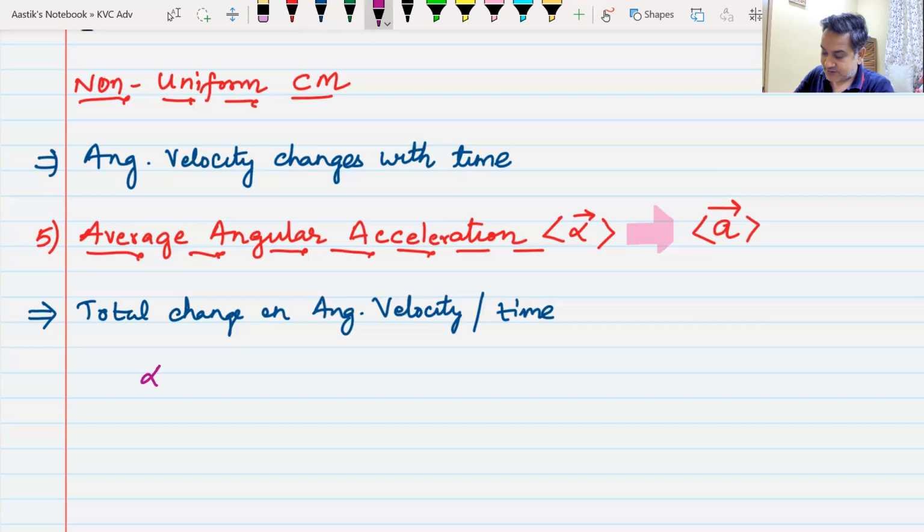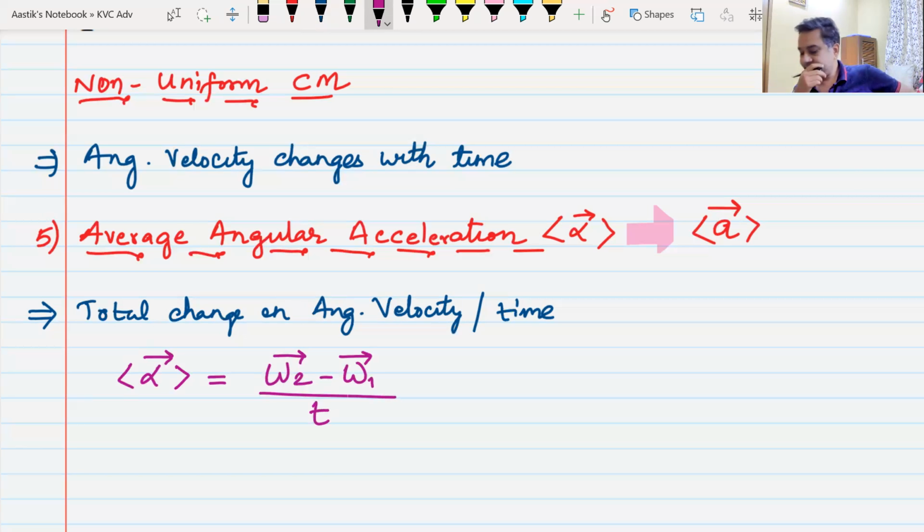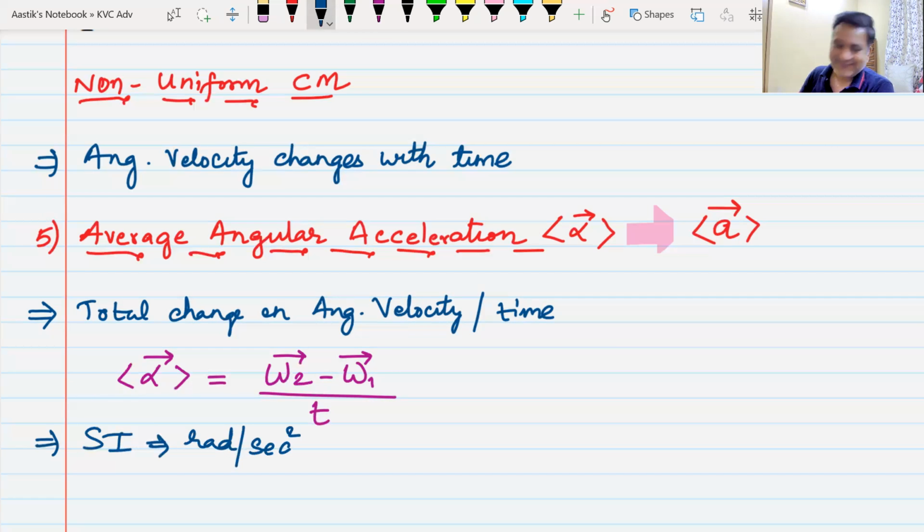As soon as we understand this, it becomes omega 2, the final angular velocity, minus omega 1, divided by t. The SI unit becomes what? Radians per second square. Thank God.